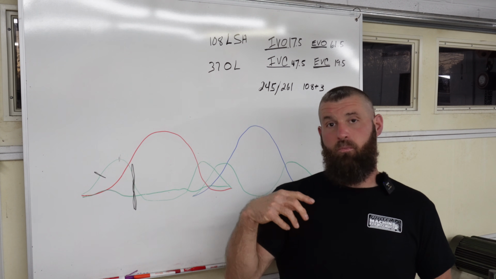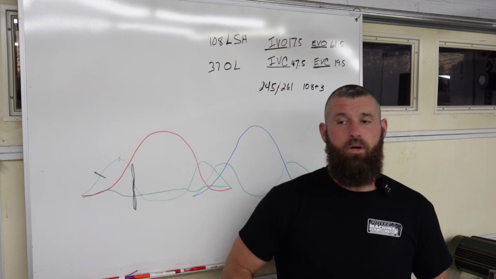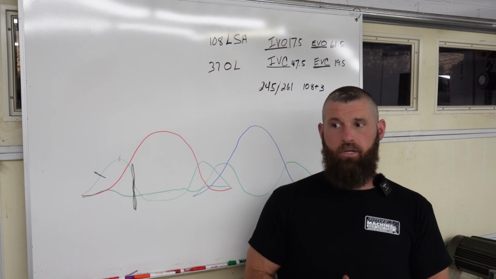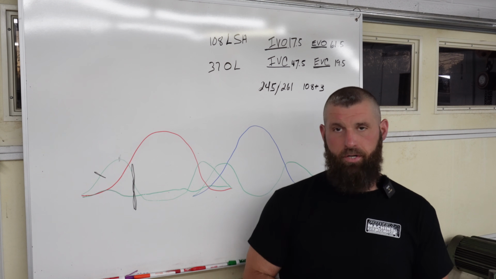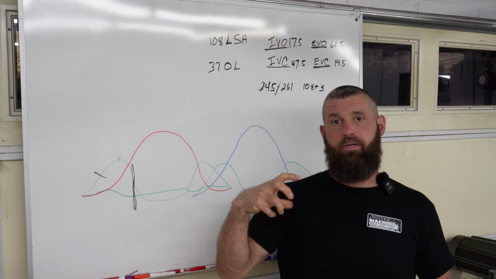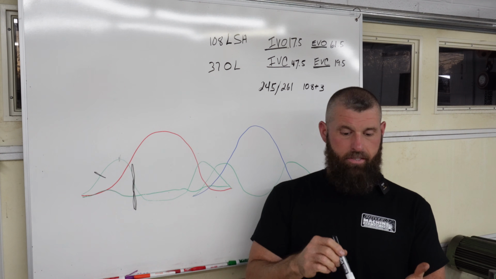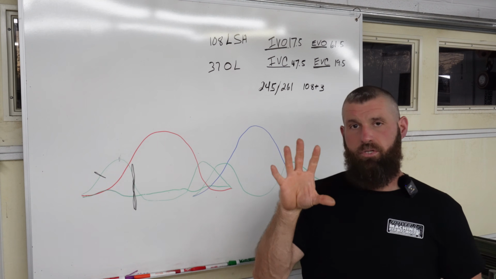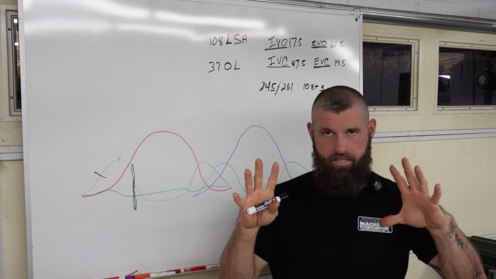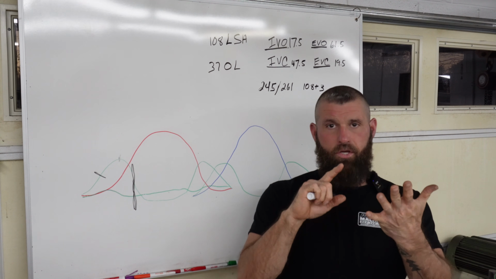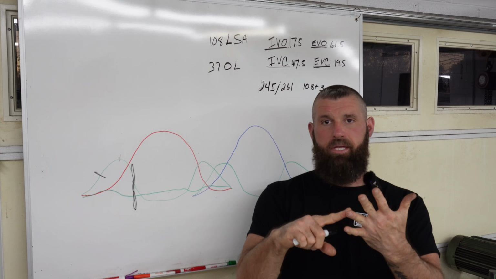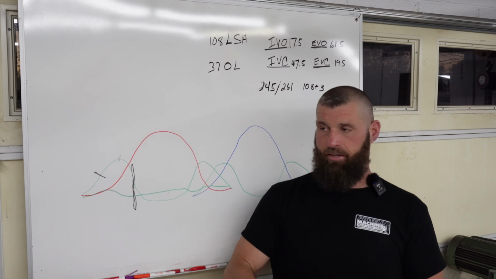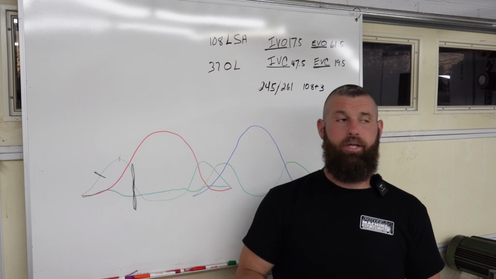So when we go to spec a cam, there are some formulas that have been developed by people smarter than me that allow us to take the cubic inches and the RPM. Let me back up. You have a demand: the cubic inches and the RPM are the demand, right? You have a supply: the supply is the cylinder head.